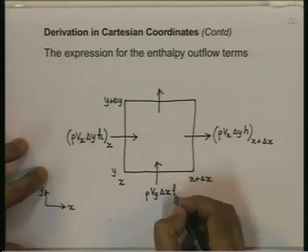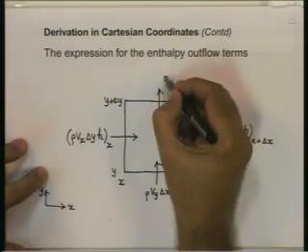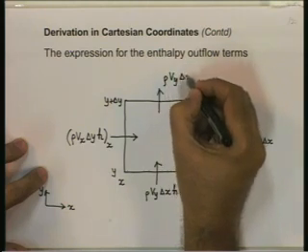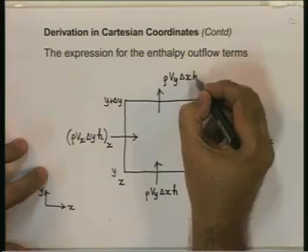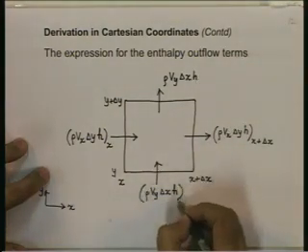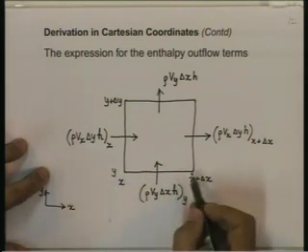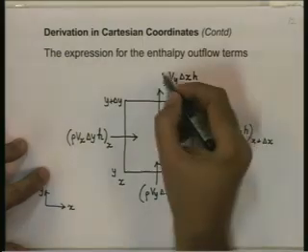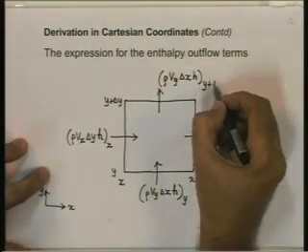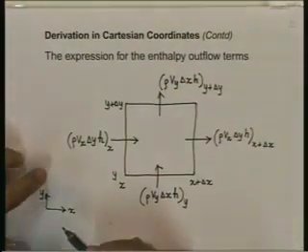It carries with it enthalpy H. And a similar term here, rho Vy delta x H. But the difference, this term is evaluated at y, the lower edge of the control volume. This term is evaluated at y plus delta y, which is the upper edge of the control volume.